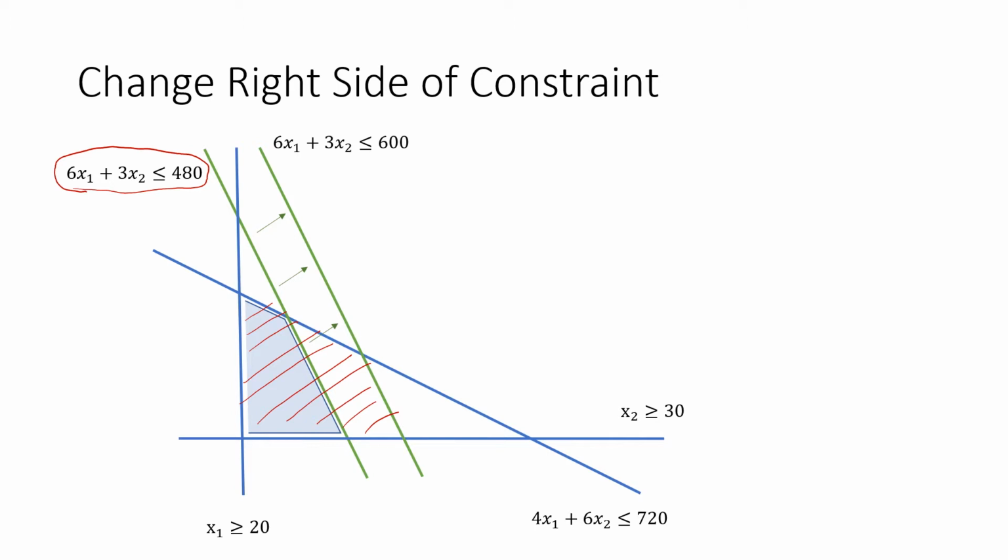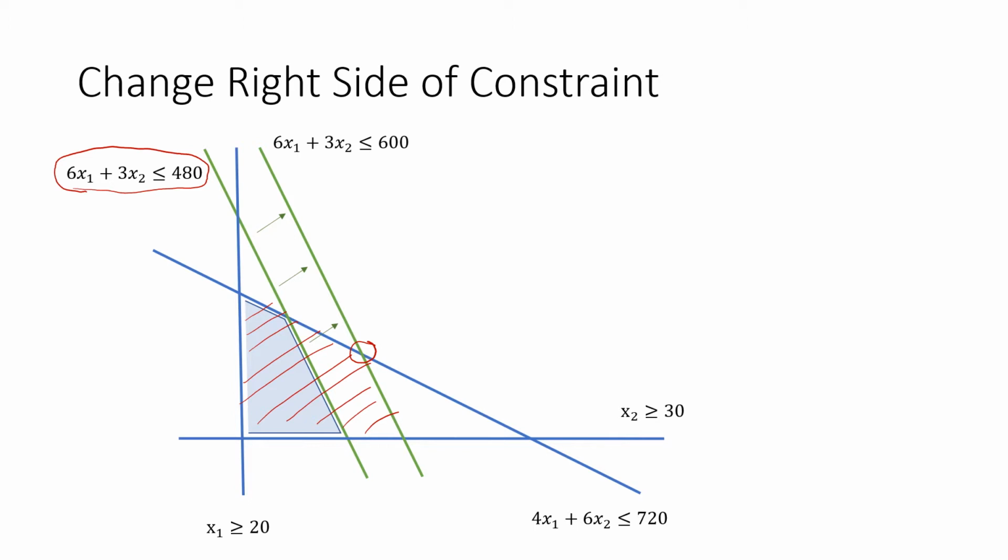In our original problem, notice that those lines are still parallel. So the line of our original constraint and the line representing the new constraint are parallel. So if we don't move it too much, what happens? Our objective line still goes to the same corner, just moved over a little bit. It's still going to be the intersection of our new constraint line with this second constraint line.